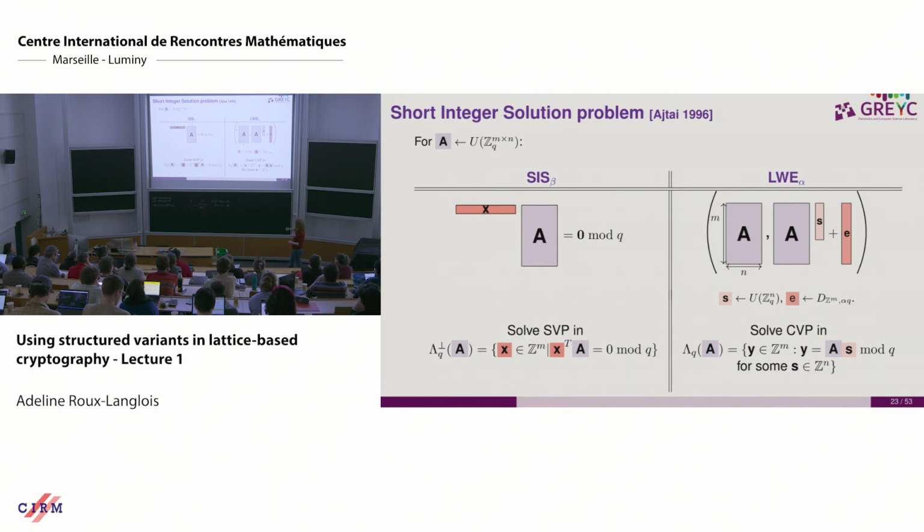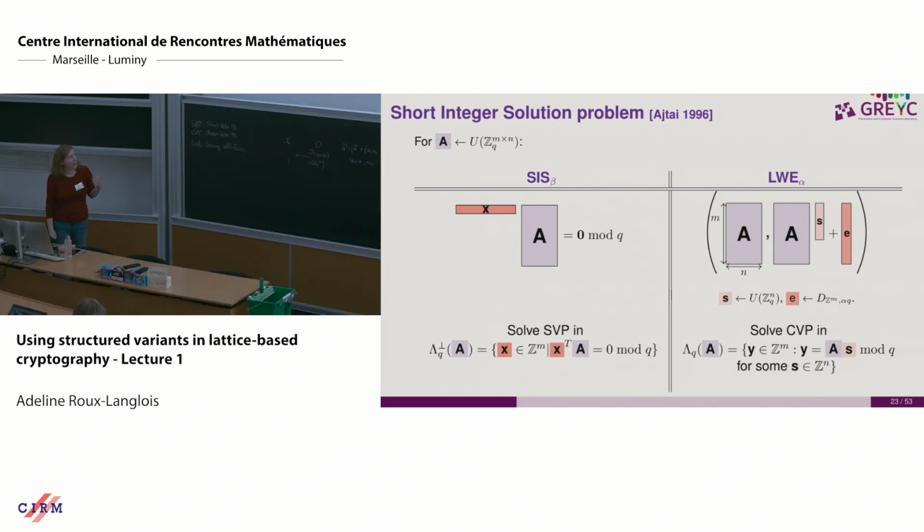And the second one is like a closest vector problem in another lattice, where you can imagine that A times s will be a point of your lattice, and the noise you add will go outside the lattice, and you have to go back to find which s it is.